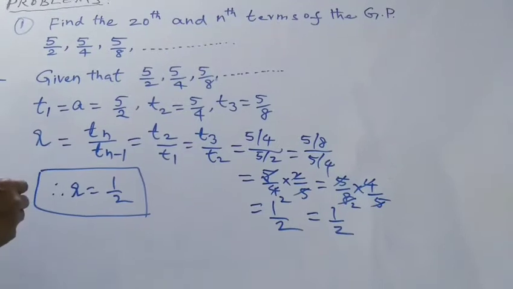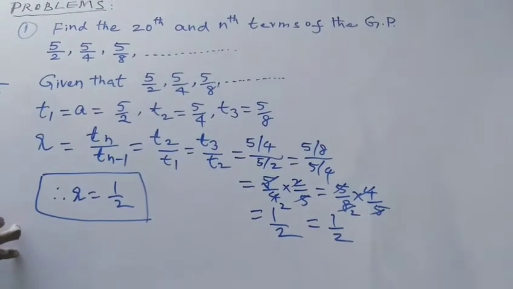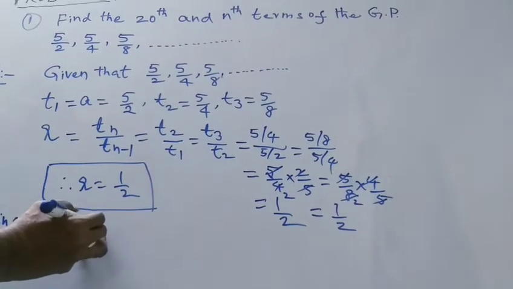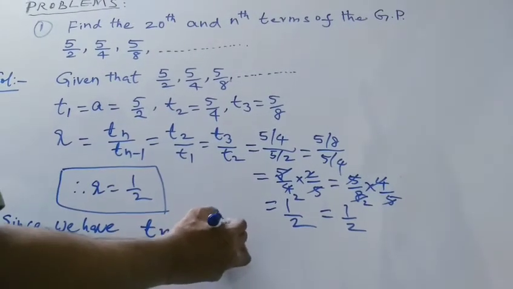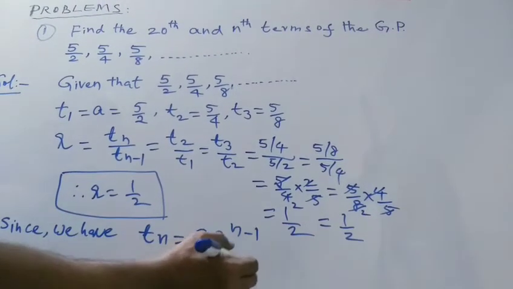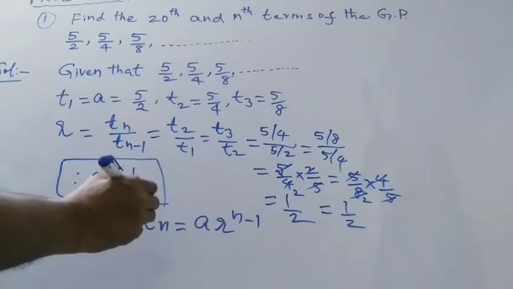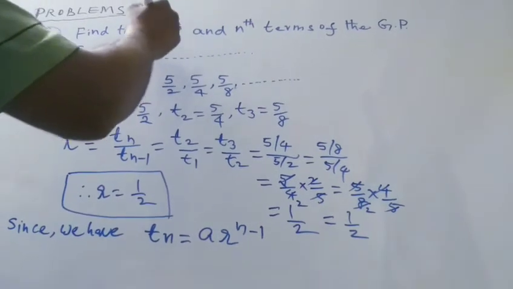Since the nth term of this geometric progression is Tn is equal to a into r to the power of n minus 1, here we need to find the 20th term.